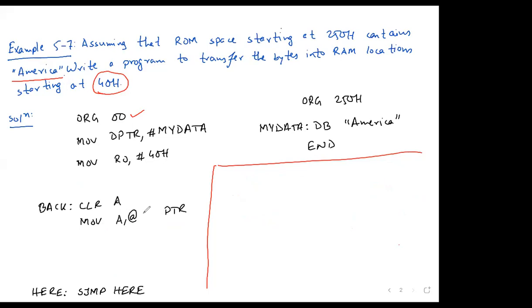Then a new line will be here, that is JZ, and the jump will come here. Then all other things will remain as they are.